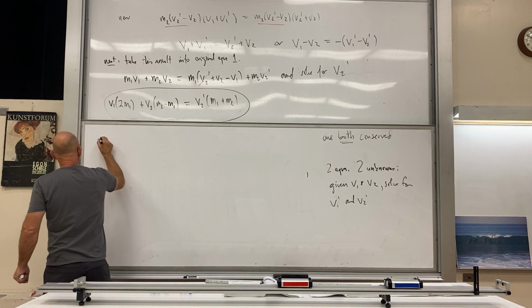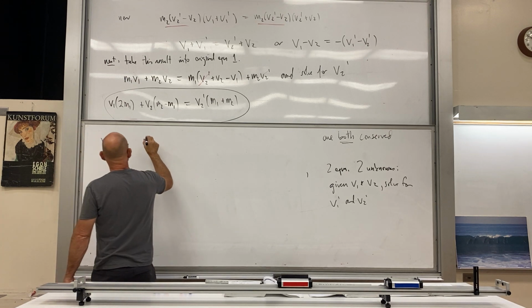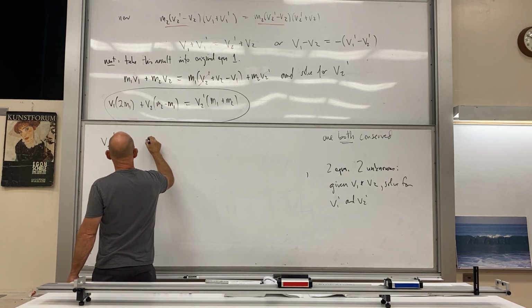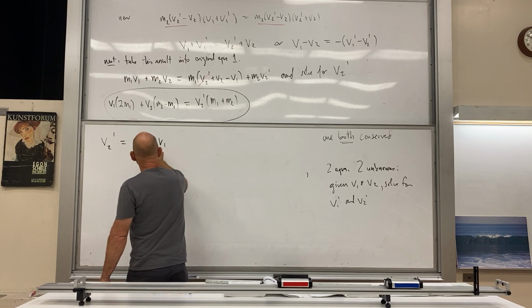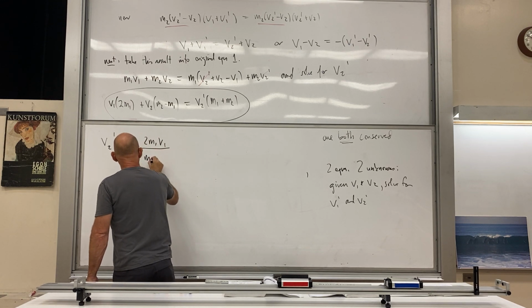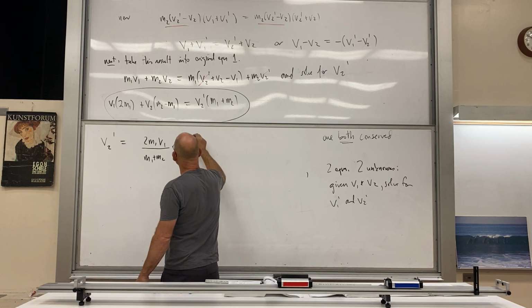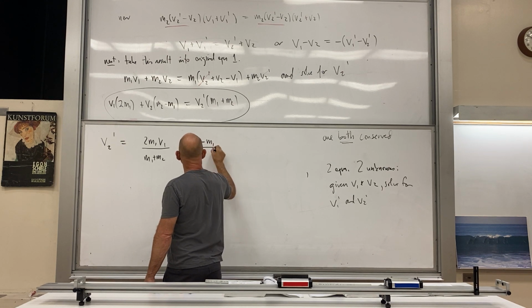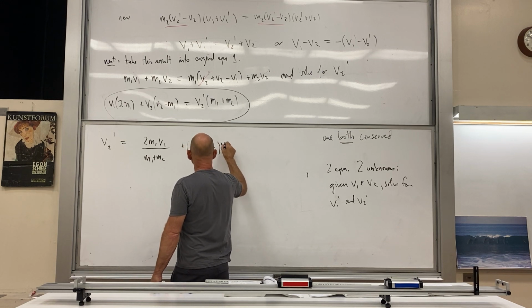So what we have is V2 prime is equal to 2M1 V1 over M1 plus M2, plus M2 minus M1 over M1 plus M2 times V2.